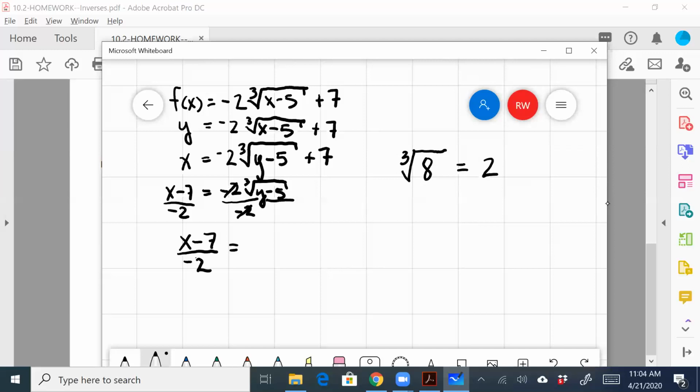So the cube root asks the question, what number multiplied by itself 3 times equals this number, which in this case is 8. The number that multiplied by itself 3 times is 8, is 2, because 2 times 2 is 4 times 2 is 8.